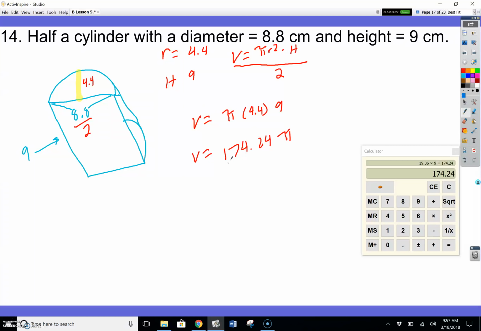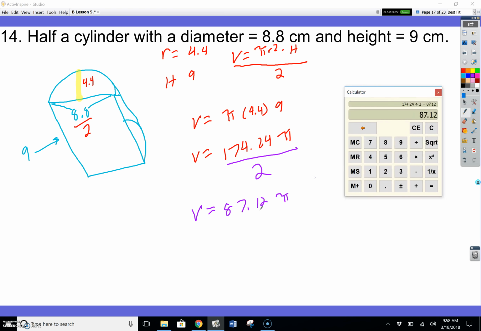But remember, we want half the cylinder, so I'm going to cut it in half. When I divide it by 2, I'm going to have volume equals 87.12 pi. So that is the volume in terms of pi of half the cylinder. But now, once again, we are going to find the approximation by multiplying 87.12 by 3.14.